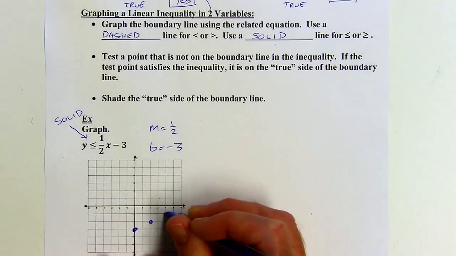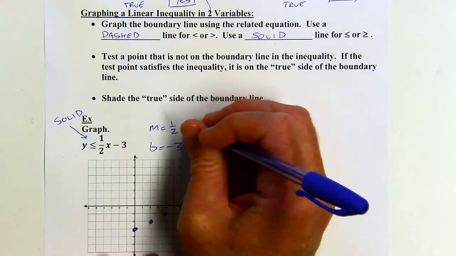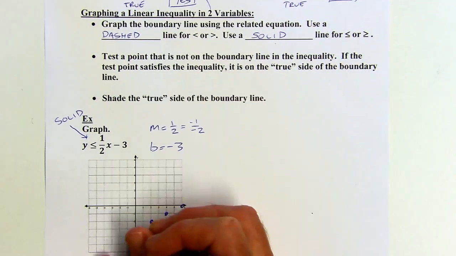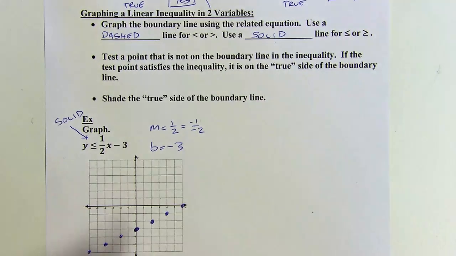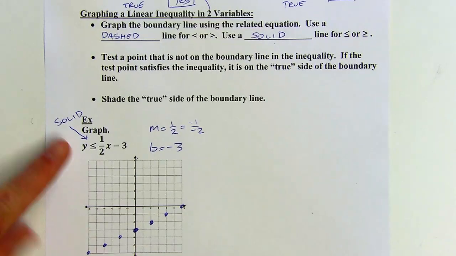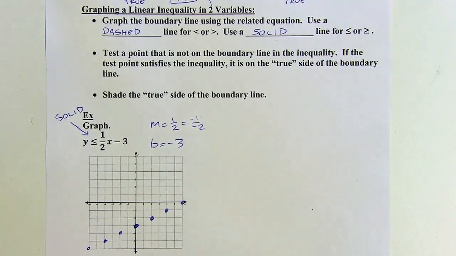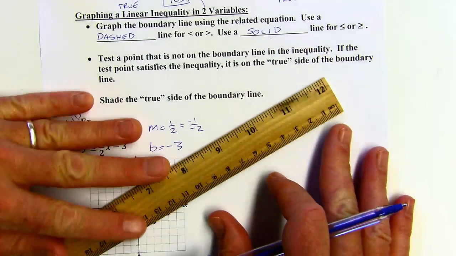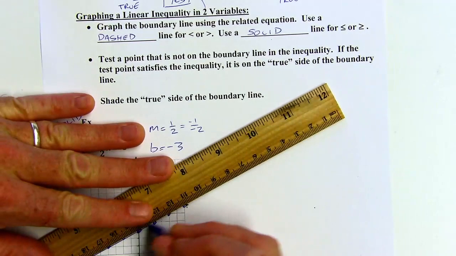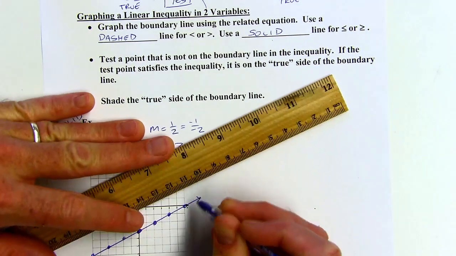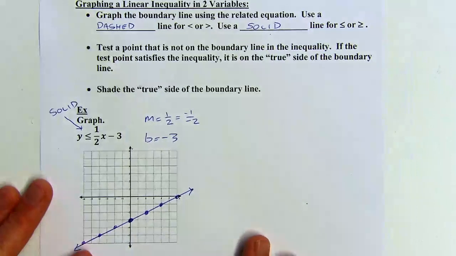And I could keep going up 1 to the right 2 all the way. Or I could go down 1 to the left 2 because this is the same as -1 over -2. Okay. And then this is the part where you want to be careful. Sometimes you might need a dash line. This one is solid, so I'm going to draw in that line. Okay, so I've got this line drawn.